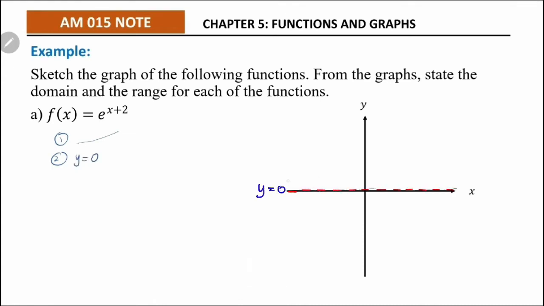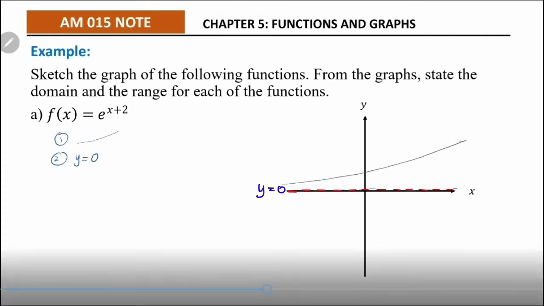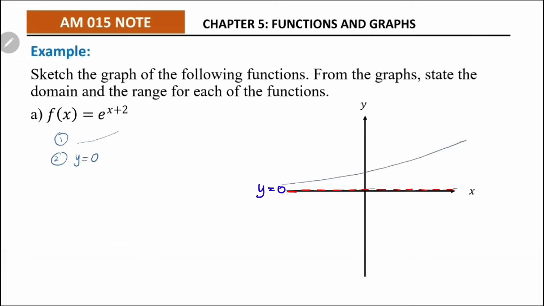And the graph is from negative x to positive x. This graph must not cross the x-axis because the asymptote is at y = 0. Label the graph f(x).